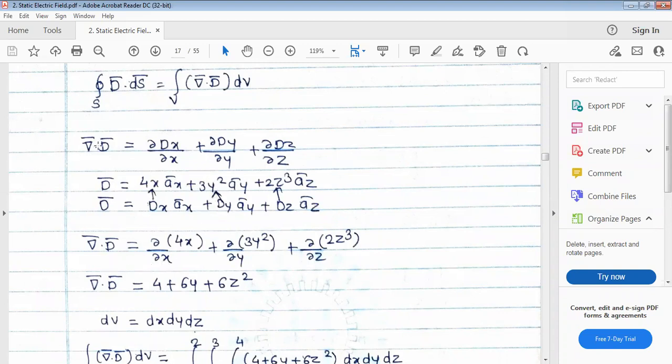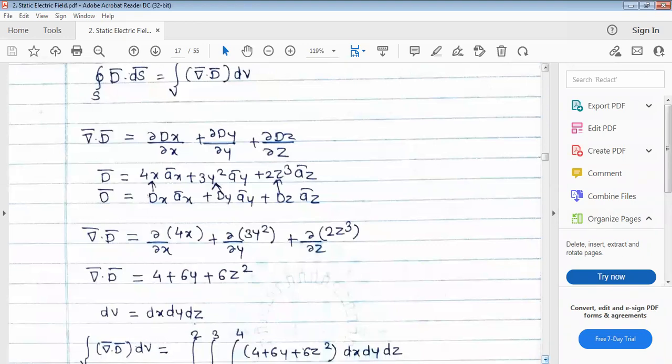So put this in the equation of del dot D. So this del dot D is equal to ∂/∂x of Dx, and this Dx is equal to 4x, plus ∂/∂y of Dy, and this Dy is equal to 3y², plus ∂/∂z of Dz, and Dz is equal to 2z³. Okay, so just take the partial differentiation here.